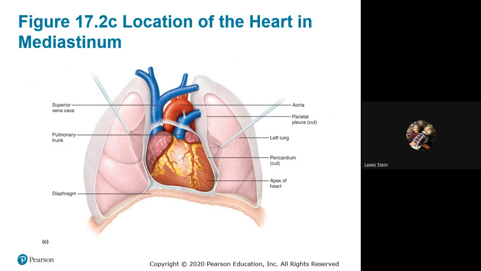So you have 2 feeders, but there's another one I'll show you. In the back wall of the right atrium, there's a little opening, and that little opening is fed by something called the coronary sinus. You'll see that on the back of the heart. We'll talk about sinuses in blood vessels.